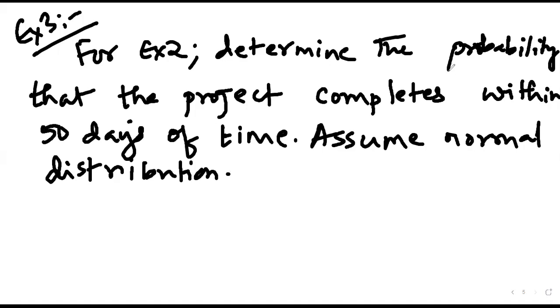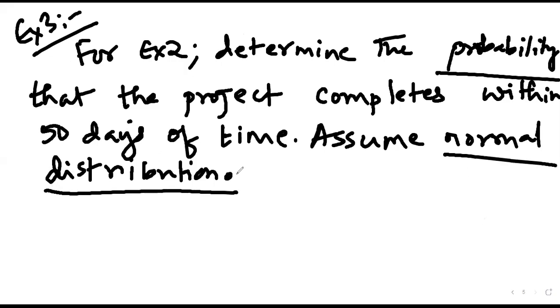So basically probability is being asked. Can anyone tell the name of the probability distribution that is to be applied here? Okay, the distribution we are supposed to apply here is the normal distribution, which is given in the question statement itself.